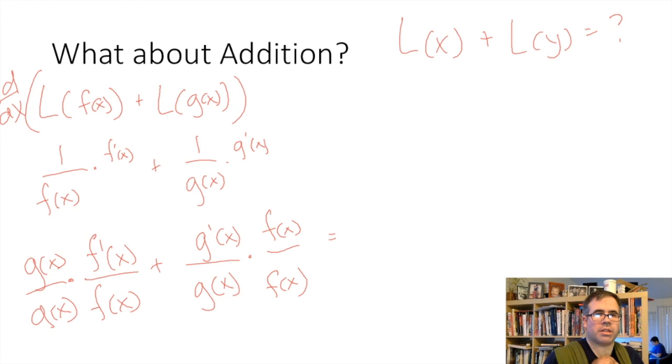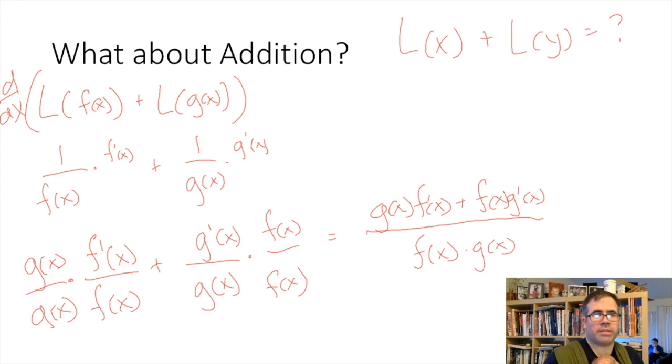So this becomes g of x f prime of x plus f of x g prime of x over f of x times g of x.